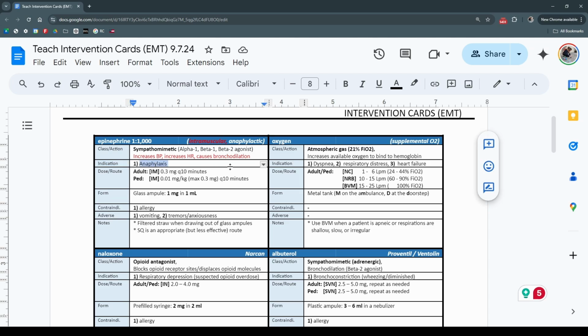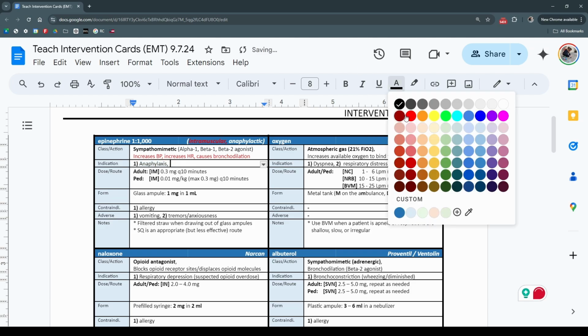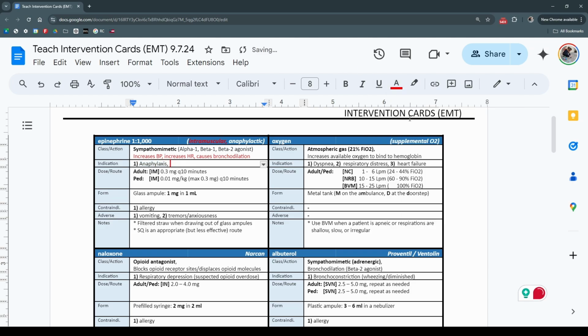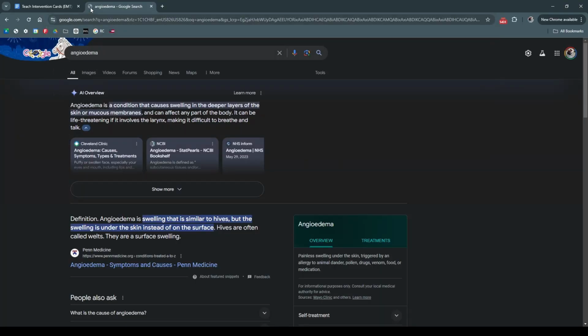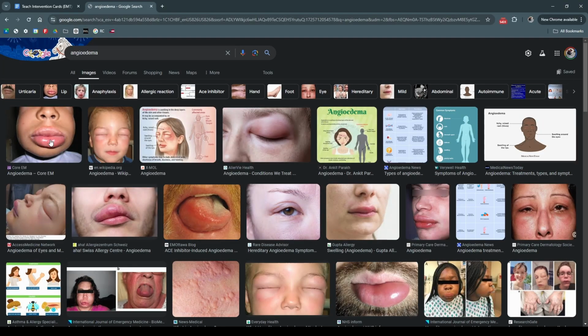Now, the indication is, of course, why we should give a thing, and put simply, we would say anaphylaxis, which is its own entire lecture. More often than not, I think anaphylaxis is described as allergic reaction with 2 or more body systems. And I think that's a good description. My problem comes with the fact that somebody experiencing angioedema, right?